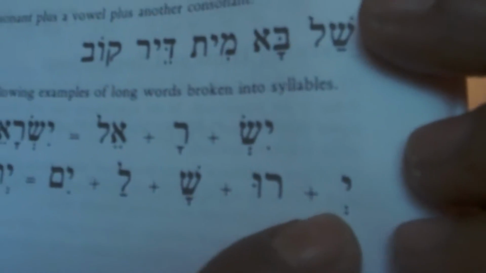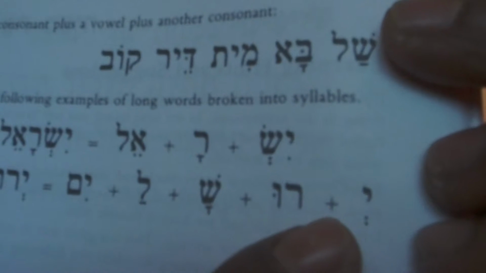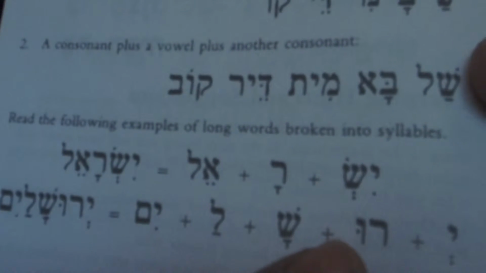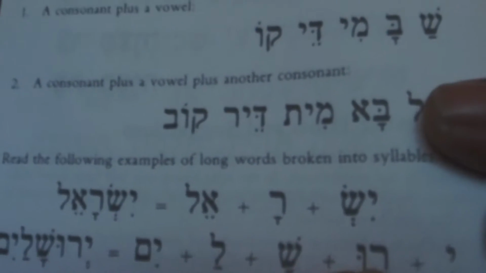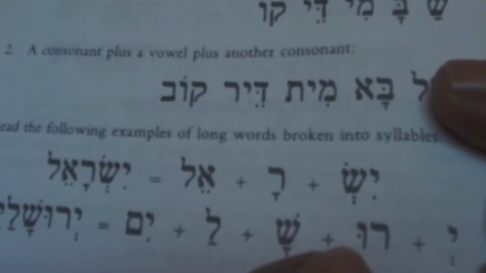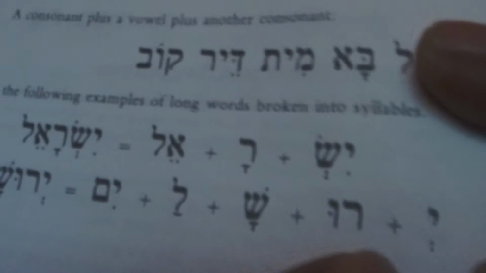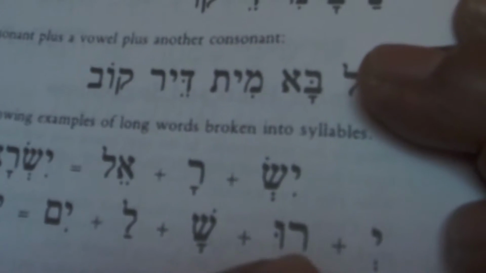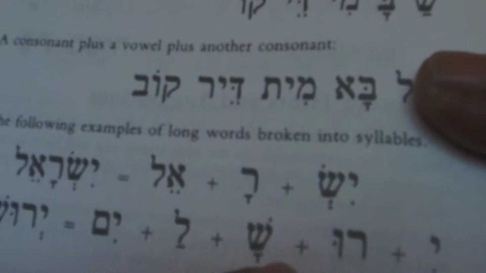Anyway, second example would be ye, u, because the vav with the dot within it, instead of over it or on the side, gives us the double O sound. So we have ye, ru, sh.